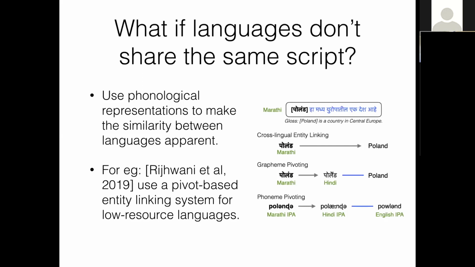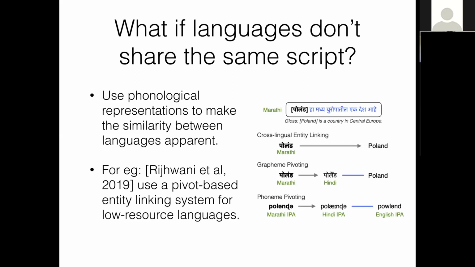So if you see the figure, there's a grapheme-based pivoting where Marathi is the low resource language and Hindi is the pivoting language used to learn from English. So Marathi and Hindi have the same script, but they don't share it with English. Grapheme here refers to the orthography. So using grapheme-based pivoting, you can see that it's not easy to learn from English.